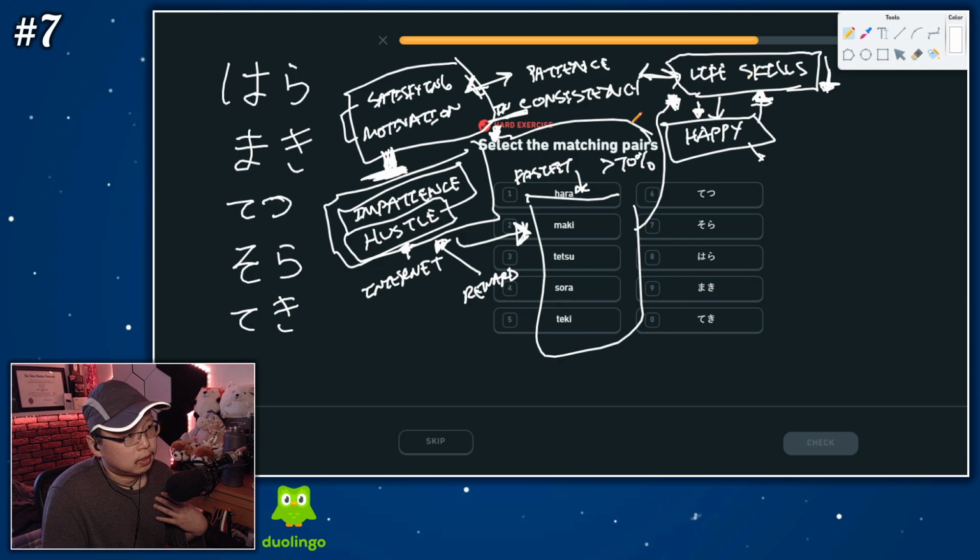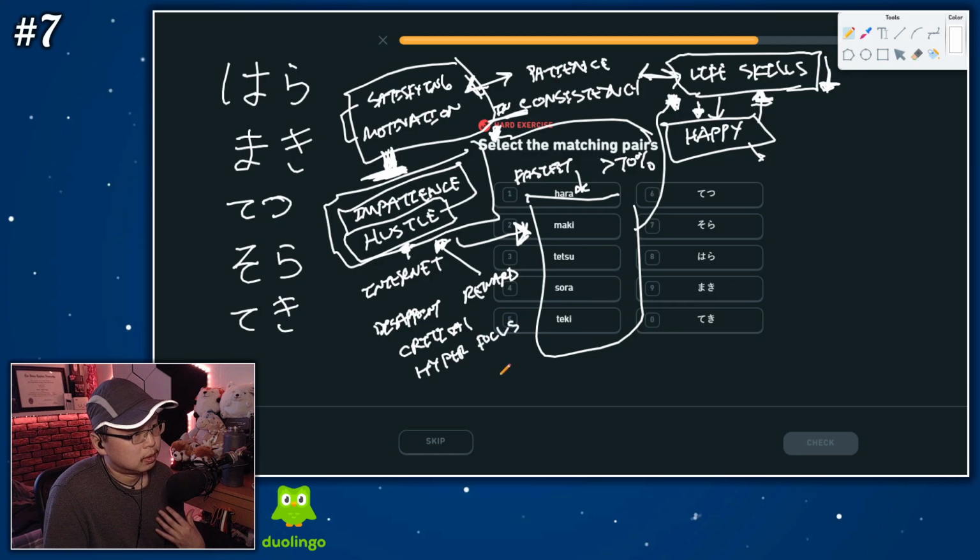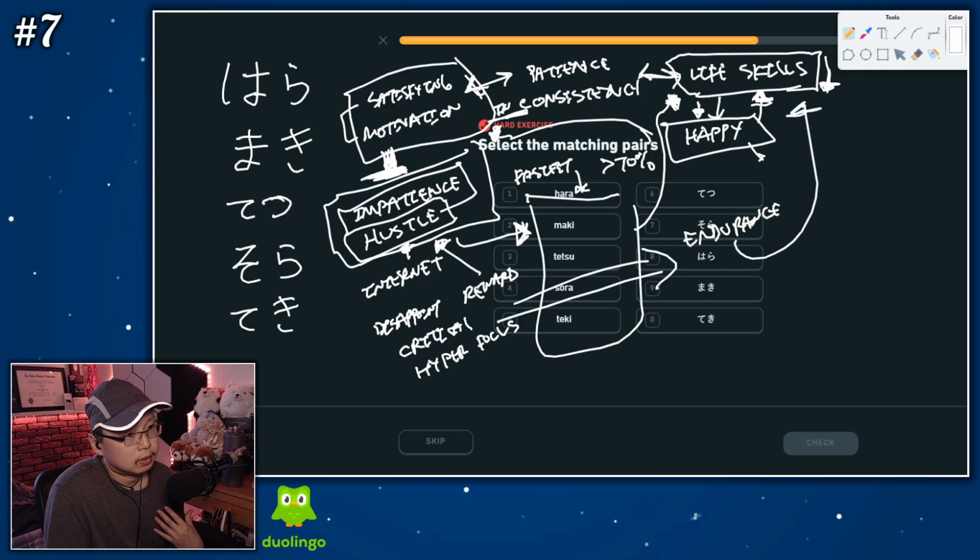So here lies the paradox of getting people to be consistently learning language, but not necessarily be disappointed, overly critical, hyper-focusing, because these things do not, in my opinion, synergize with endurance, which are necessary for life skills.